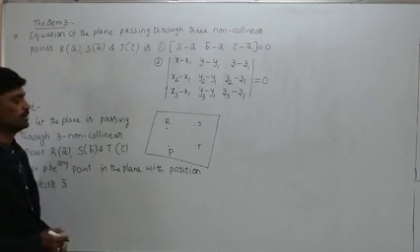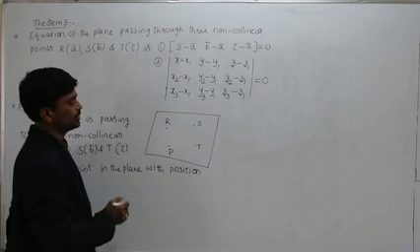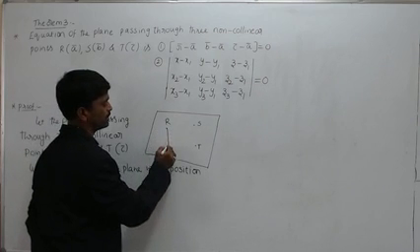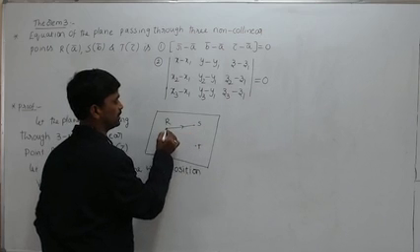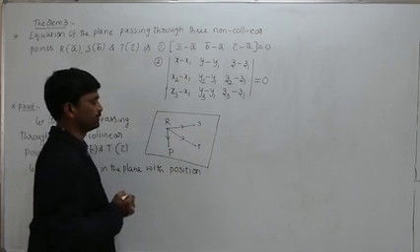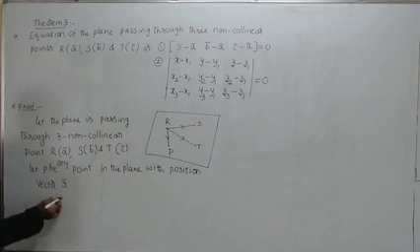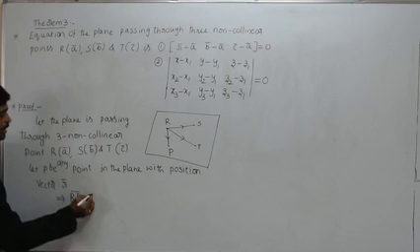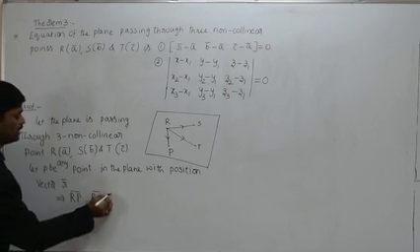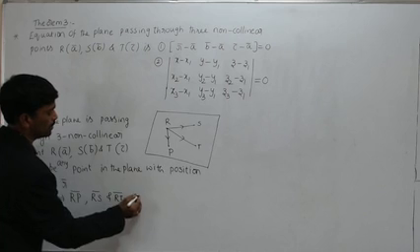Okay, so if P is a point in the plane, if you observe clearly, the vector RP bar, the vector RS bar, the vector RT bar are coplanar vectors. Am I correct? So this implies that these three vectors RP bar, RS bar and RT bar are what? Coplanar.